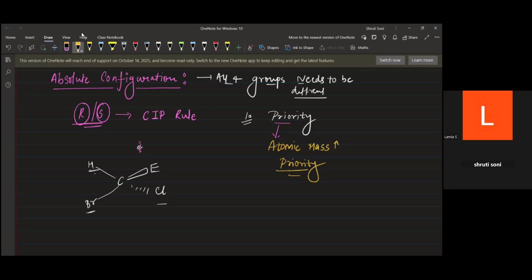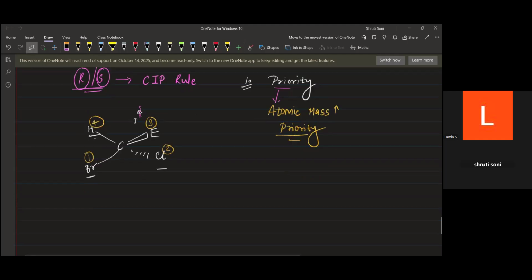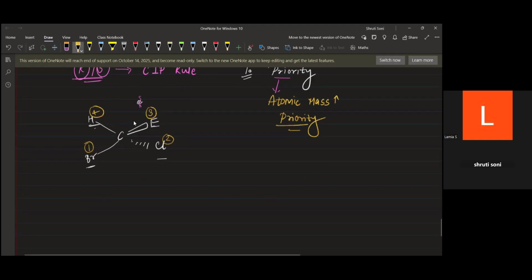Okay, I'm giving you an example. In this one, fluorine, chlorine, bromine, and hydrogen, which one has first priority? I think it would be bromine, right? Yeah, and second, chlorine. Yes, and this will be the third, and this will be the fourth. Now the major part will come: there are two possibilities, one, two, three, four.